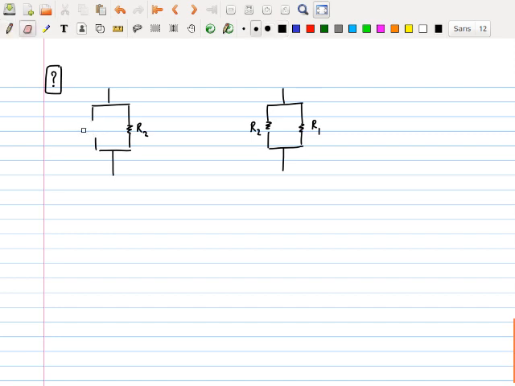But if I have 2 resistors here, and 2 resistors here, this is R1 and R3, and this is R3 and R1. Is there any difference between the circuits?